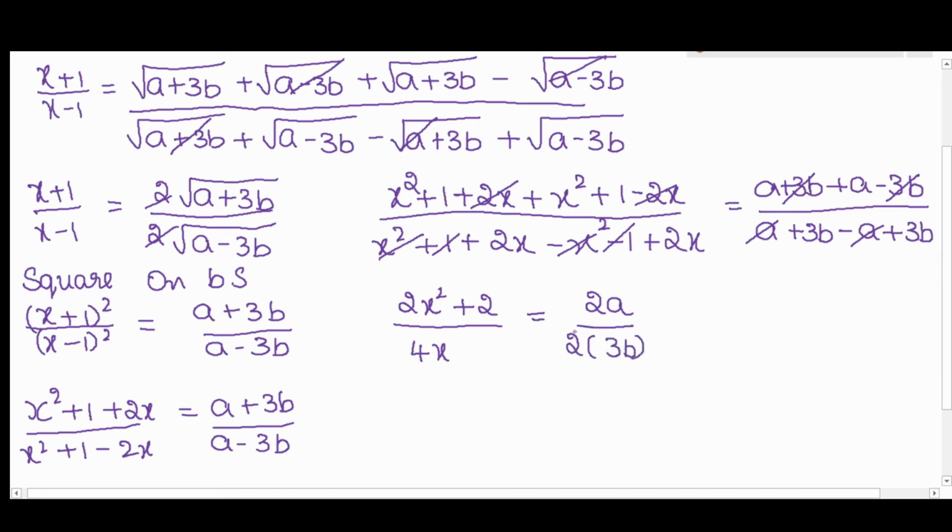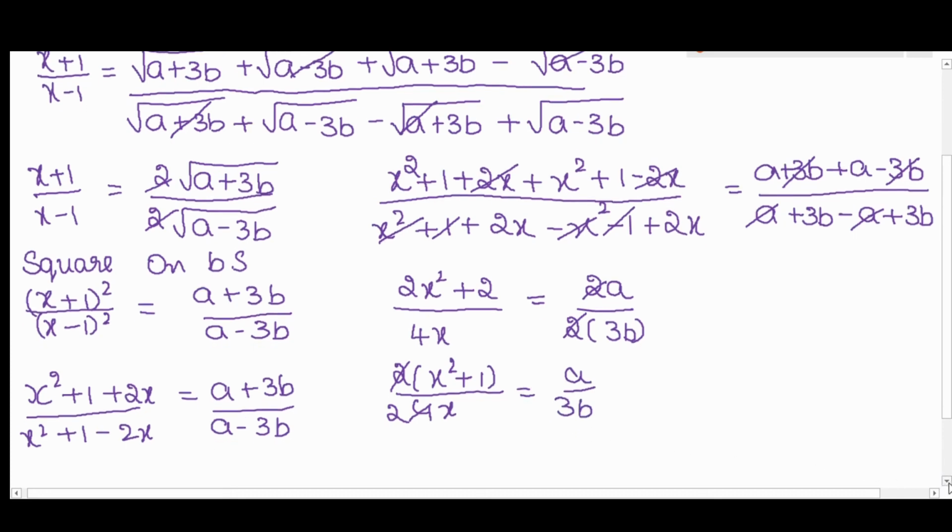Okay, 2 and 2 get cancelled. If I take 2 as common, I get x square plus 1 divided by 4x, so 2 here, which is equal to a by 3b.